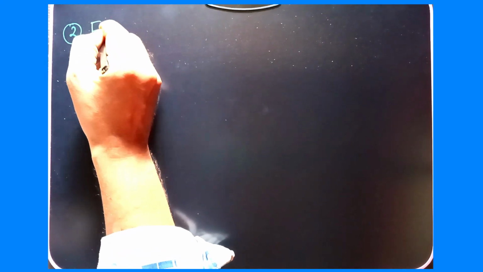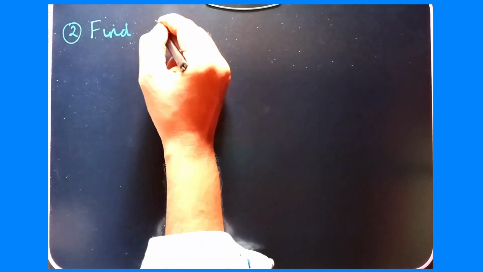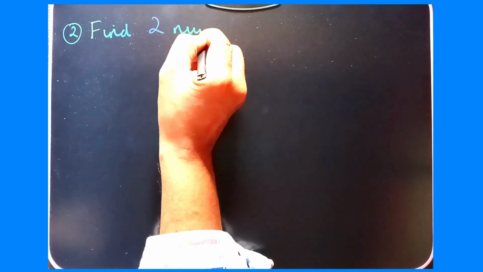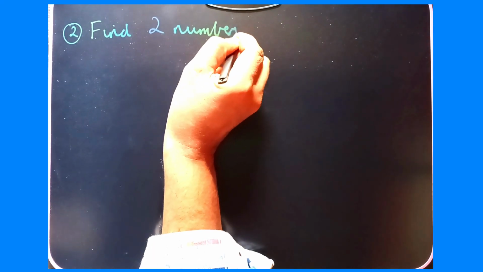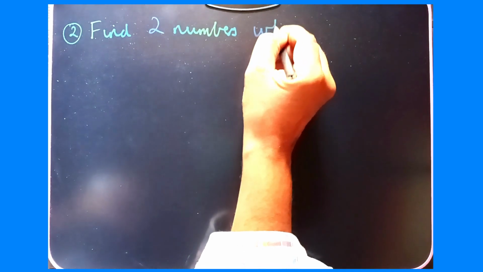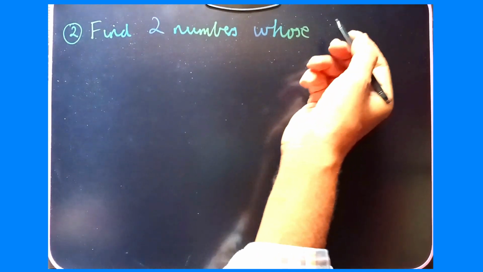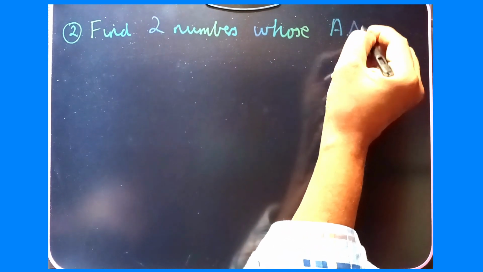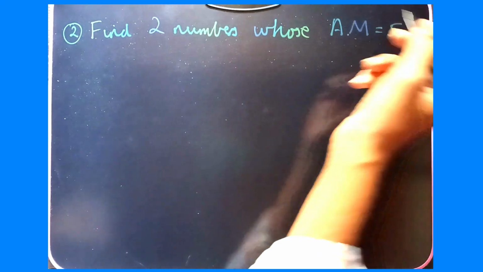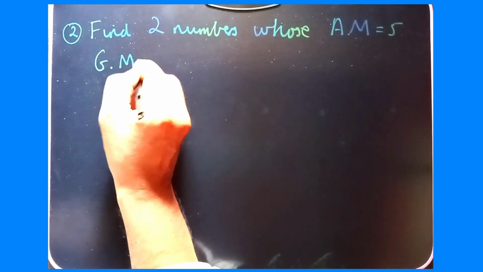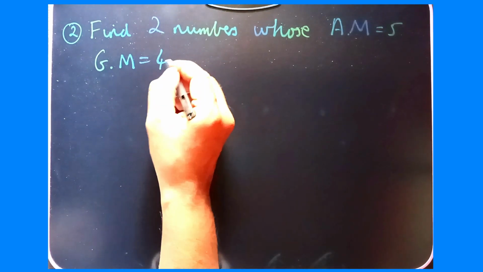Next problem will be, second problem, find two numbers whose arithmetic mean is 5 and geometric mean is 4. Can we do this?